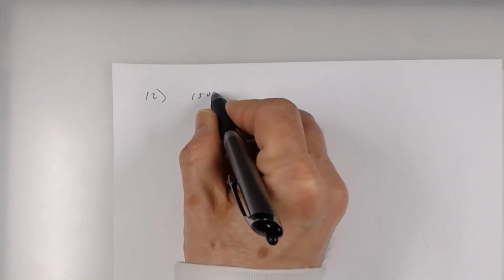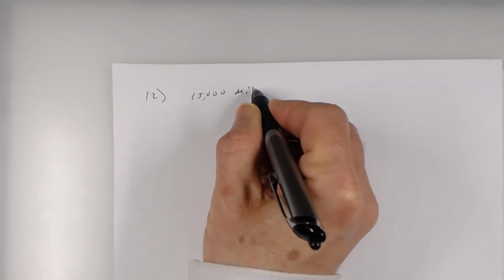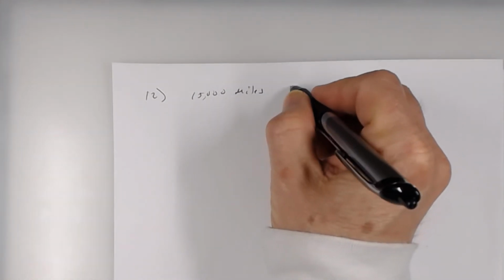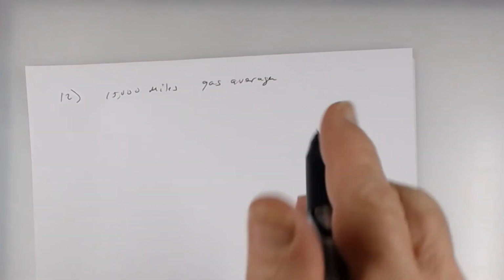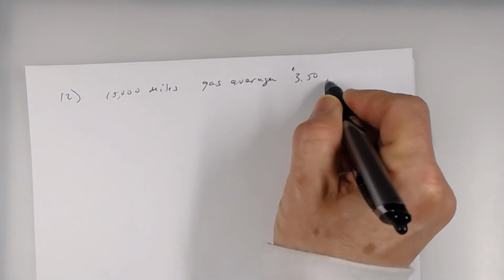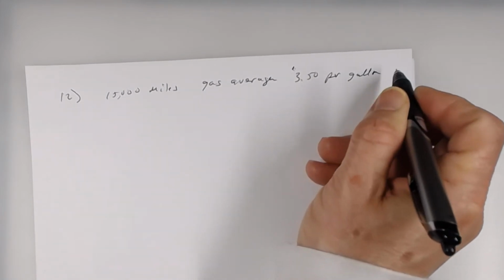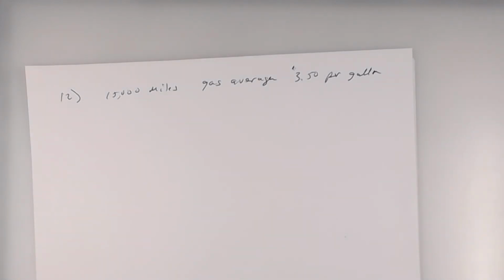It's 15,000 miles, and then the gas averages $3.50 a gallon. Okay. And then part A says this. What will you save in annual fuel expenses by owning a hybrid car averaging 60 miles per gallon rather than an SUV averaging 15 miles per gallon?